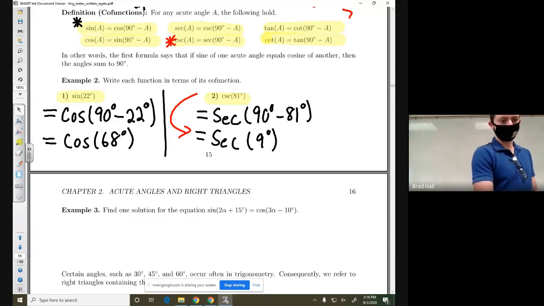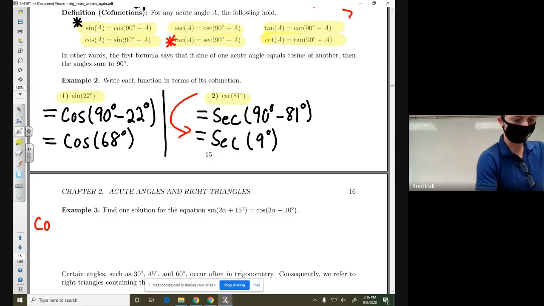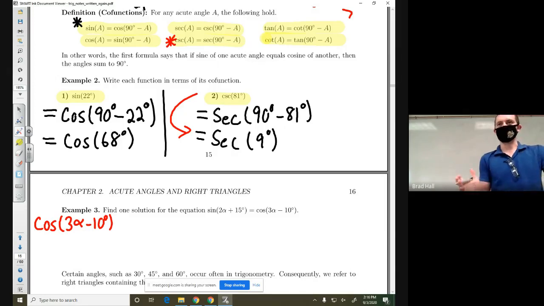In my notes, I switched cosine to sine. So this would be work off to the side. I'm going to take cosine of 3 alpha minus 10 degrees and rewrite this one. We're ignoring that sine of 2 alpha plus 15 for now.